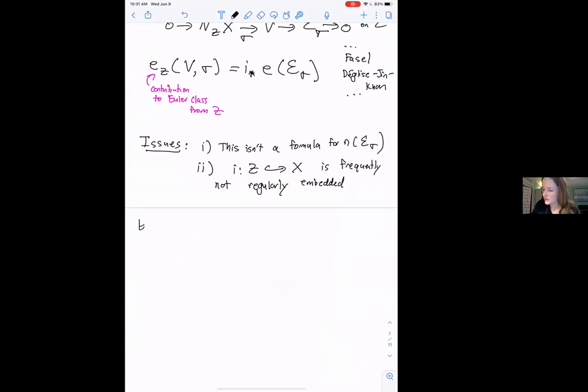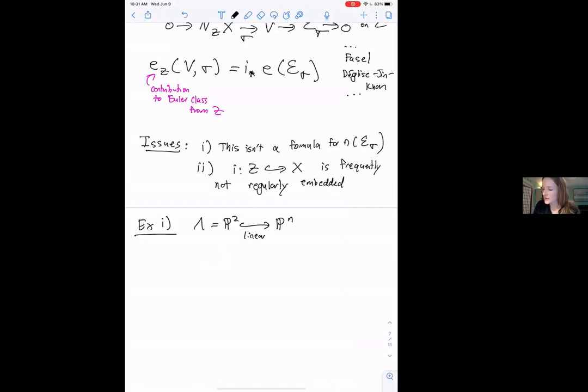So an example to approach issue 1, we'll have a P2 linearly embedded inside Pn. Linear, in fact, let's just call this proj. Okay, well, we'll deal with that in a second.